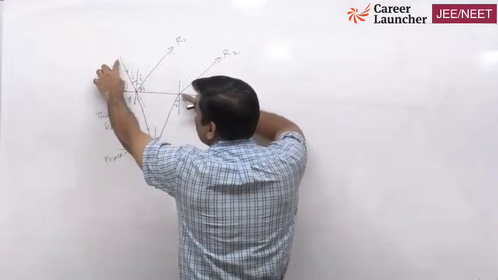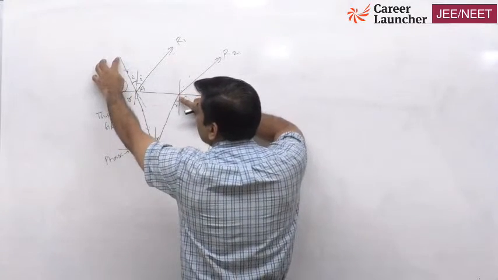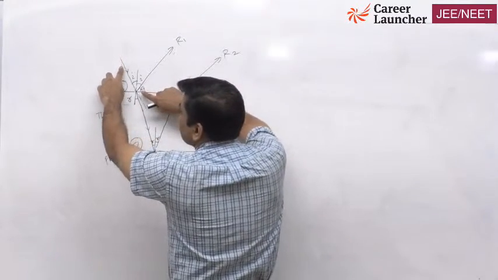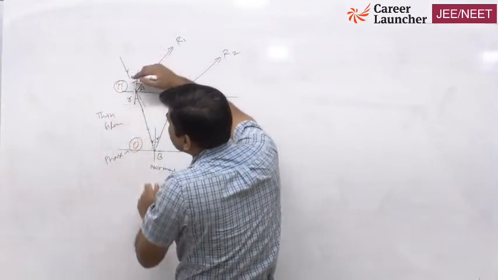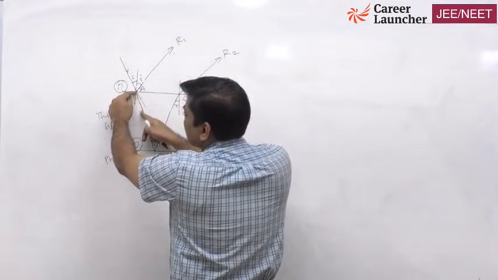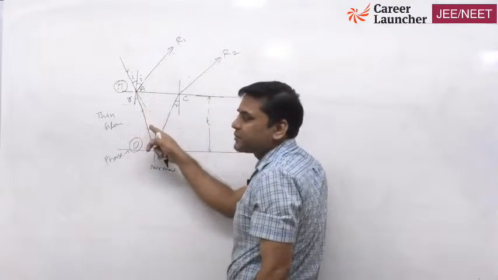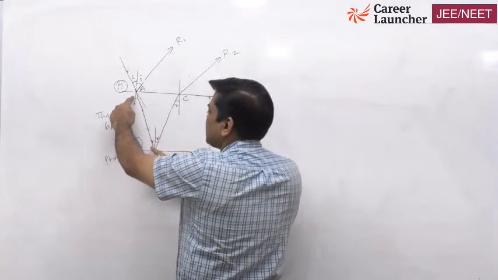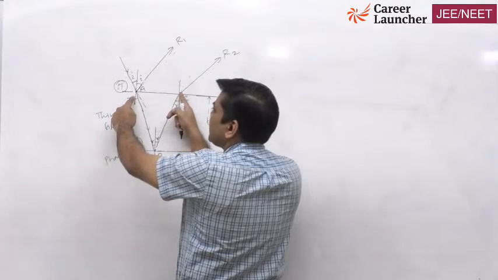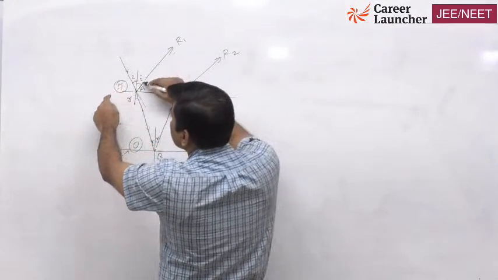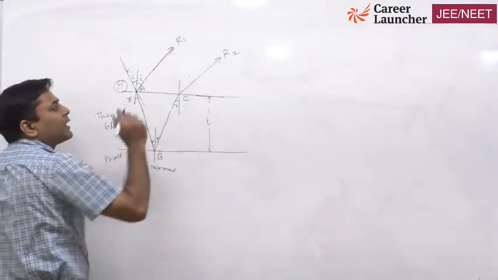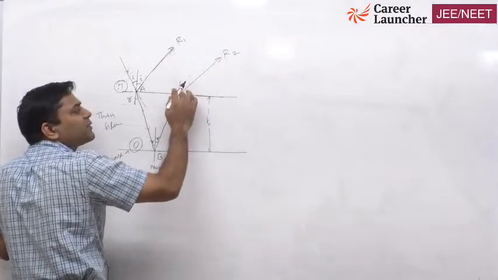So the ray that is already reflected, let's see how to understand this part. This comes over here, and after reaching here it starts reflecting and also transmitting. There is no time delay in transmission, so it transmits, then reflection, and then again transmission. Once it comes over here, this ray has already traveled some distance. How do we find how much extra distance it has traveled compared to this?